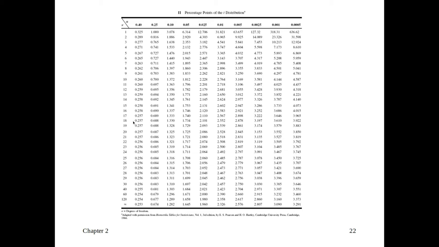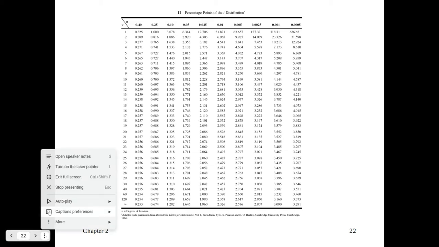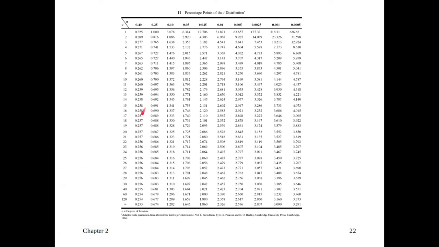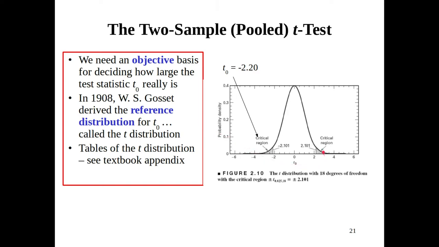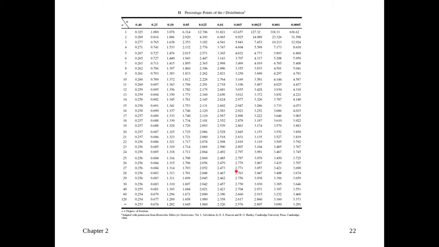So the intersection of these two is here. Intersection of these two, 0.025, is 2.101, and that's why we have 2.101 here and minus 2.101 there. Those are the reference t values.